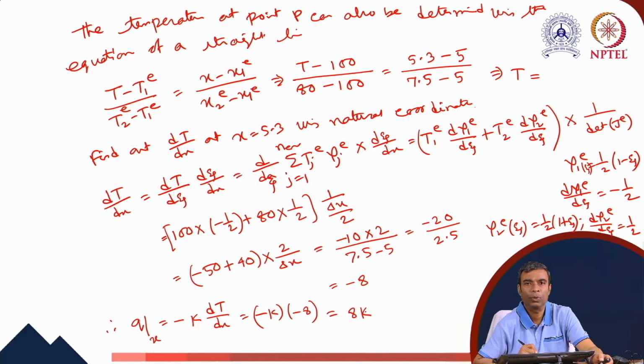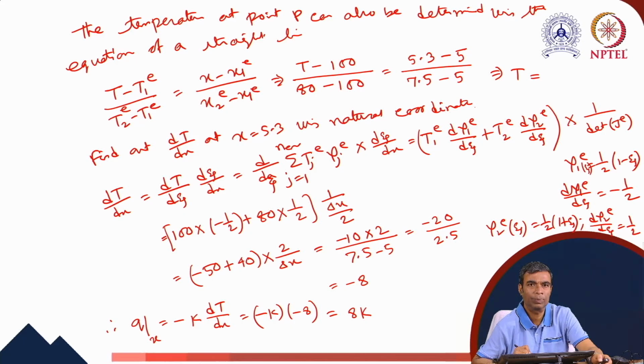So we have shown that by using the correspondence between the actual or global coordinate x and the natural coordinate xi, we can find out the temperature at any intermediate point, and the temperature gradient at any intermediate location. Similarly, for a given xi coordinate, we can find out the corresponding x coordinate.